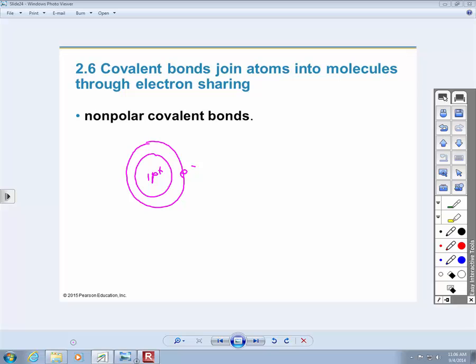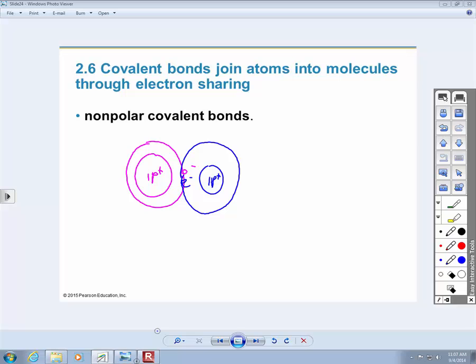Okay, so then if we were to share that 1 electron with an electron from a different hydrogen, so we have 1 proton and 1 electron, then those 2 electrons are shared equally between this proton and this proton.